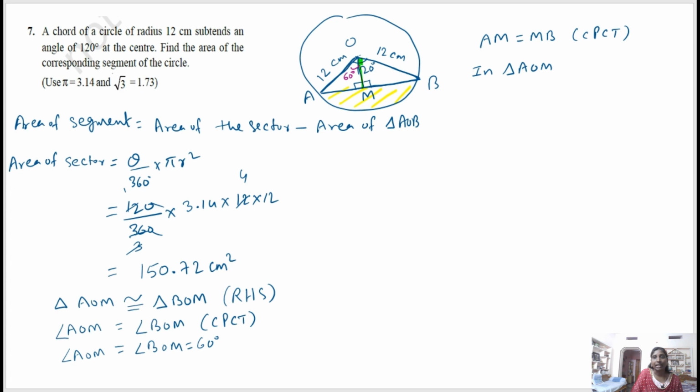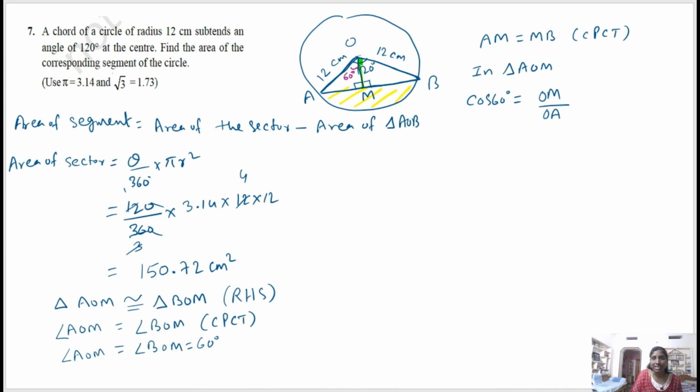In triangle AOM, we can take any ratio, sine or cos. First I will take cos. What is the formula for cos? Base by hypotenuse. For 60 degrees, the perpendicular is AM, the base is OM, and the hypotenuse is OA. So in right triangle AOM, cos 60 is equal to OM by OA.